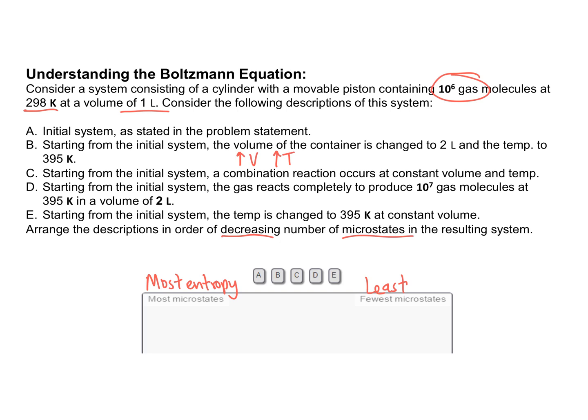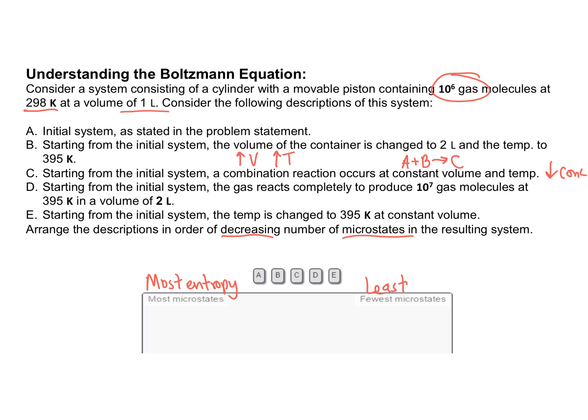So we don't change volume, we don't change temperature, but a combination reaction. A combination reaction would be like A plus B goes to C. So the end result of that, if I have 1 mole of A, 1 mole of B, they both react, I'm going to be left with only 1 mole of C. So I'm going to have a decrease in concentration.